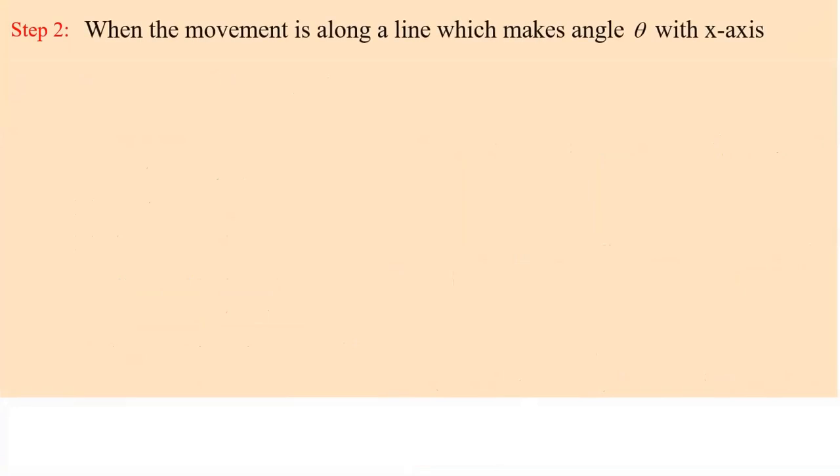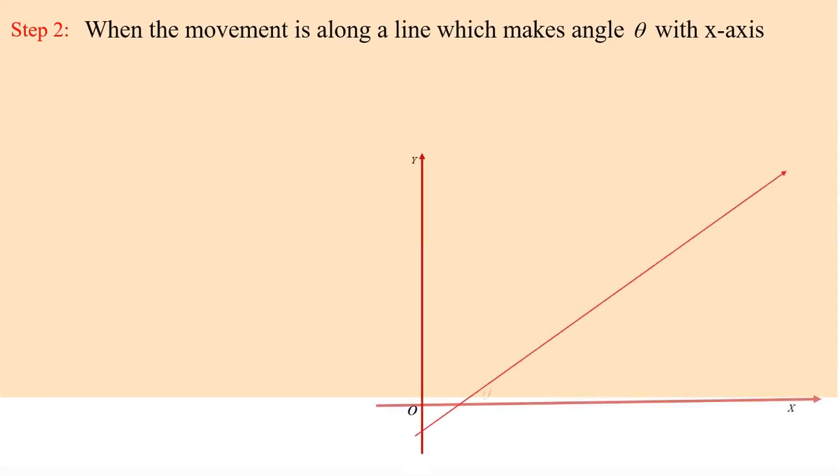In step 2, we are not moving horizontally or vertically. We are moving along a line which makes angle theta with the x-axis, neither horizontal nor vertical, with some slope. In some direction, we are moving from the given point. How its coordinates will change is what we will see in this step 2. For that, take the x-axis and y-axis.